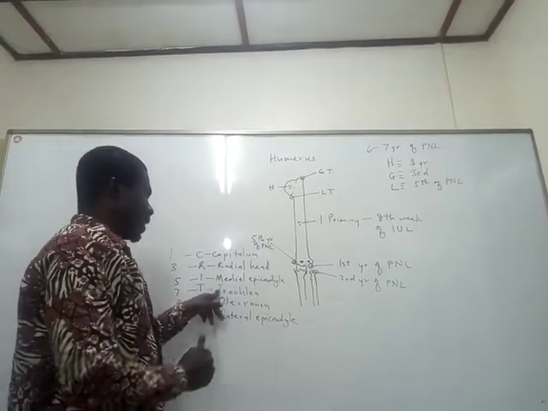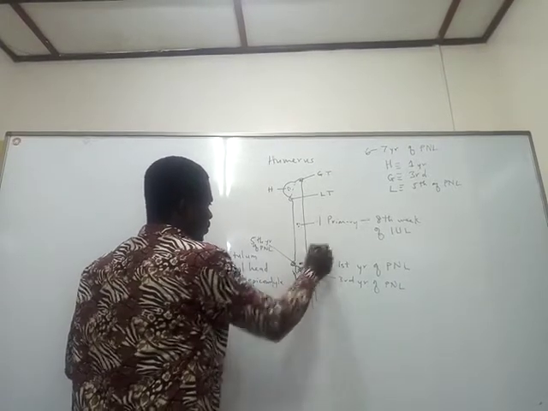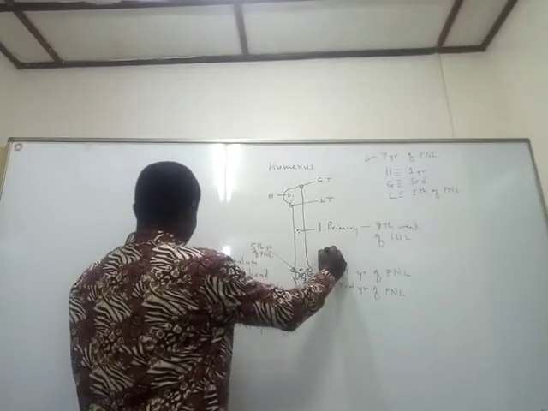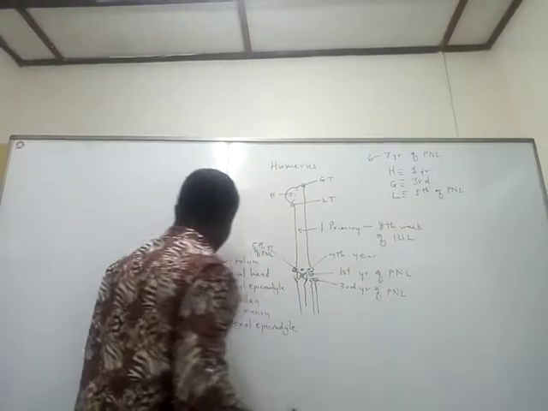Then we also have the trochlea, the pulley-shaped, modified condyle of the humerus. That one appears around the 7th year of postnatal life.